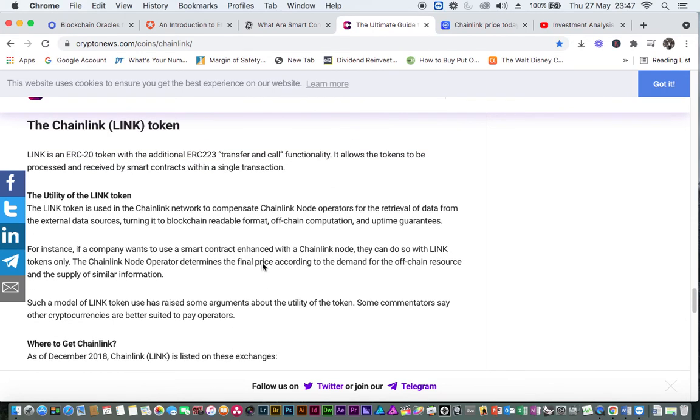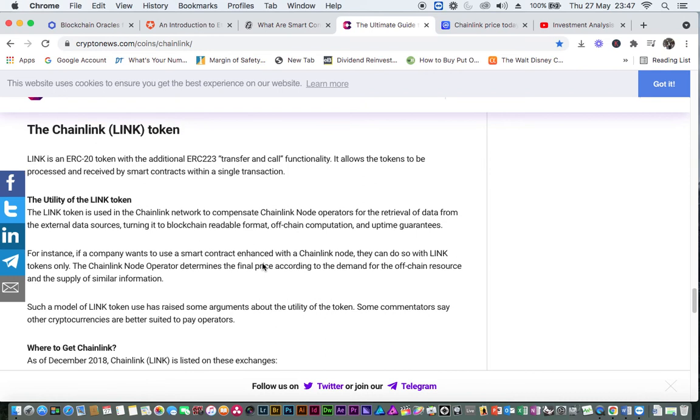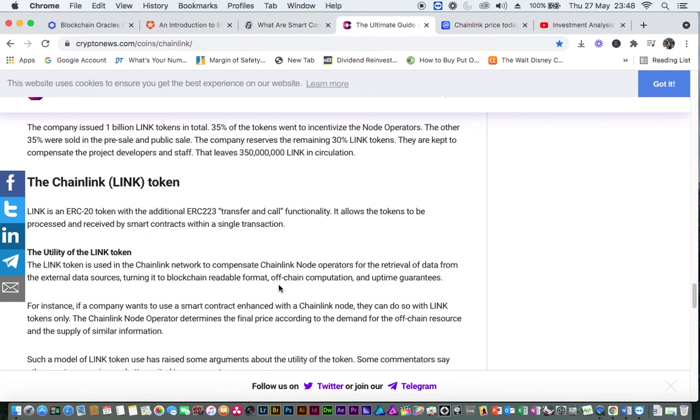Now the company reserves the remaining 30% of LINK tokens. They are kept to compensate the project developers and staff, which leaves 350 million LINK in circulation. You're getting the picture.